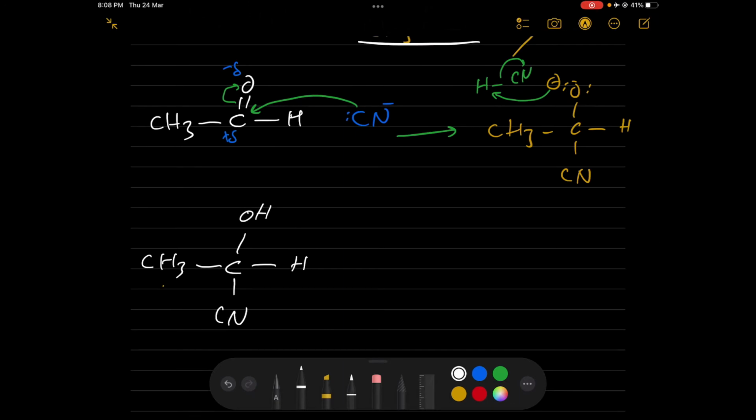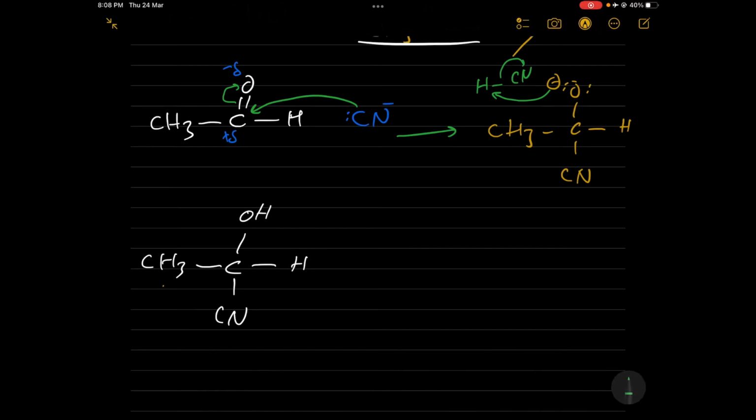By the way, if I ask you to name this compound in general, the first thing you have to do is take the longest chain starting from the nitrile group, because you have OH and you have nitrile. So we start from the cyano group. We have first carbon, this is 2, and this is 3. So we have 3 carbons, which means propane. And we have a hydroxyl group, but we don't say alcohols, ethanol, propanol, whatsoever.